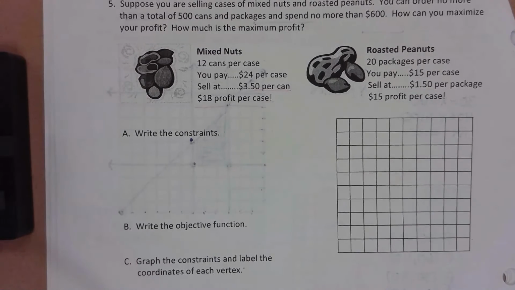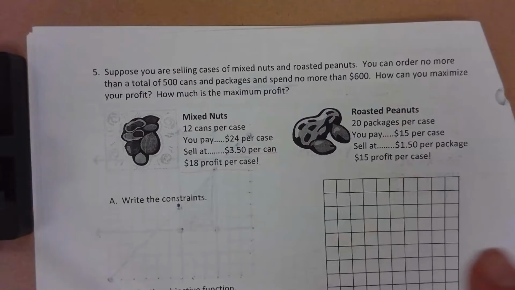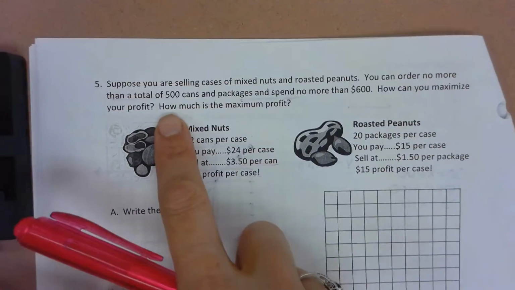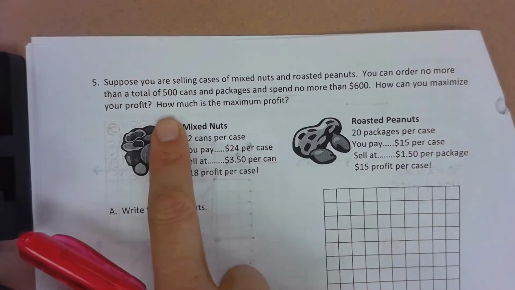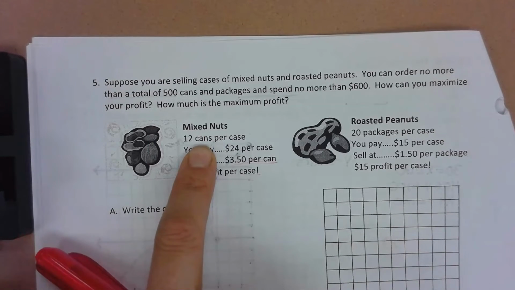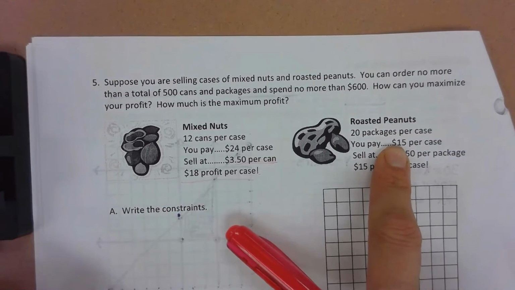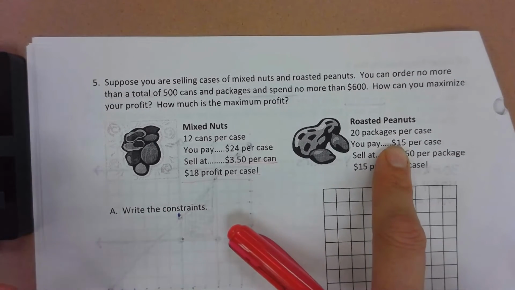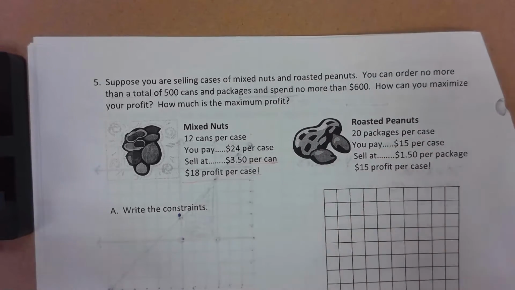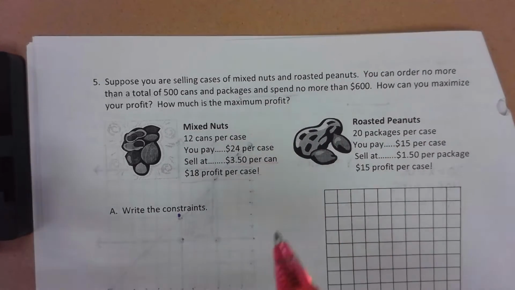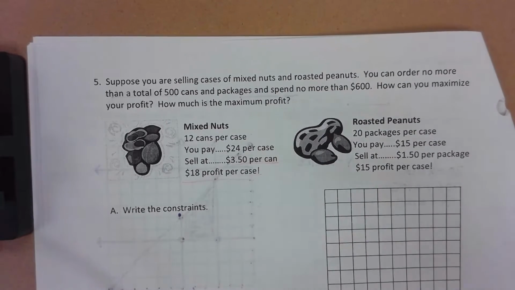But if I do the cans, then I have to just make sure that if I set up my equation with the 500, I have to have the 12 on my X and the 20 on my Y, which is fine. Yeah. So that's why I said from the beginning, you kind of just have to pick what you want to do, because it just makes it easier at the end.